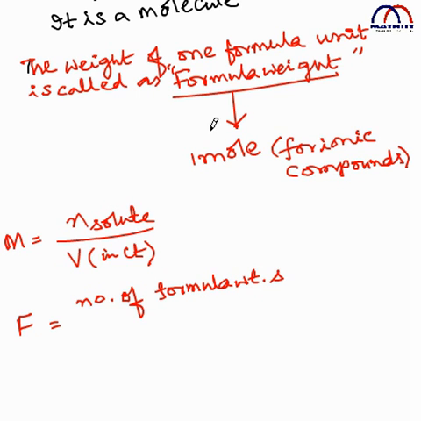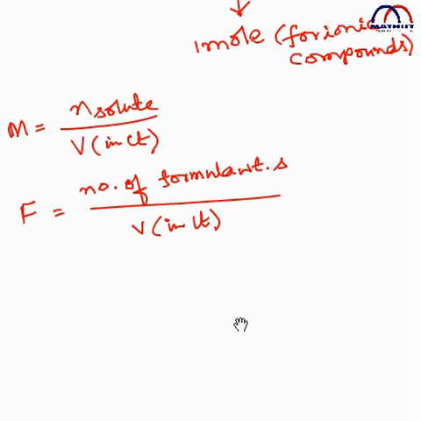Why? Because 1 mole of an ionic compound is equal to its formula weight. This is called formality. So formality can be defined as the number of formula weights of an ionic compound present in 1 liter of the solution. We can define it like this because for an ionic compound 1 mole is equal to its formula weight.